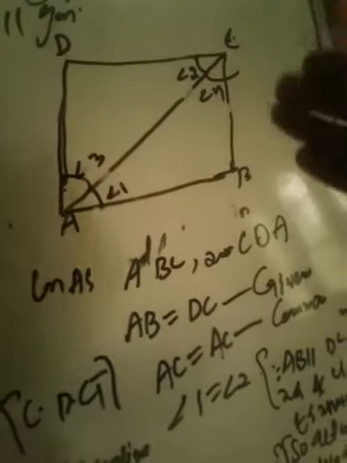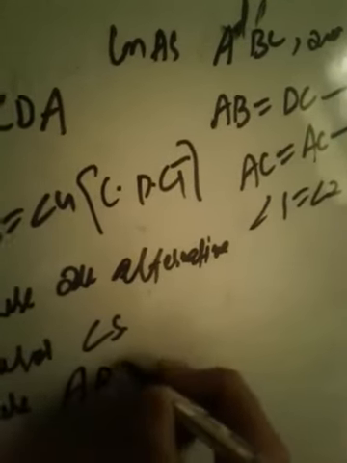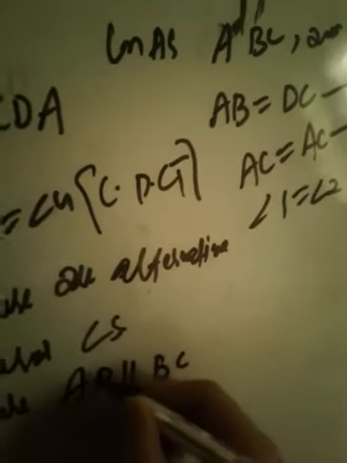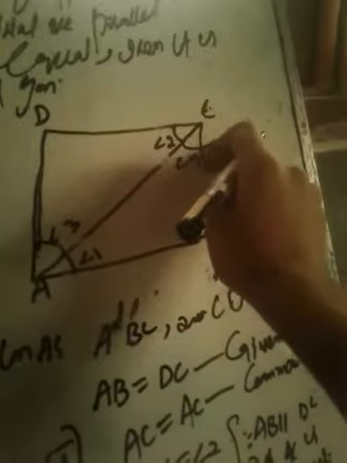When alternate interior angles are equal, lines are parallel. Therefore AD is parallel to BC.